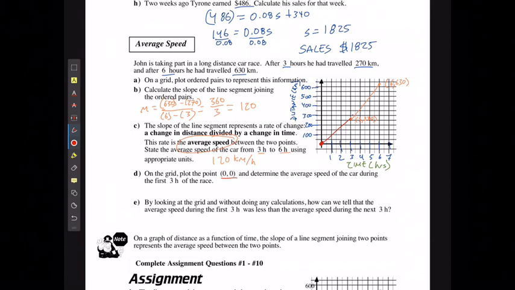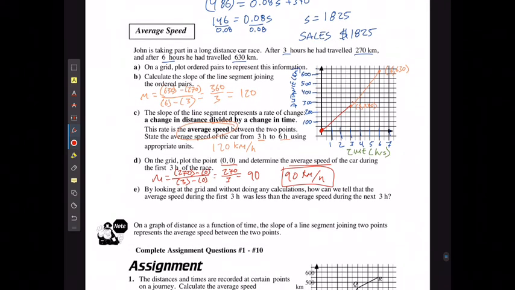The slope for the second step is a little bit steeper, so when I'm solving this, I'm going to say that the slope of the first part is going to be 270 over 3 minus 0 over 0, or 270 over 3, which is going to give me 90. So the average speed of the car during the first 3 hours is going to be 90 kilometers per hour. A little bit slower than the second part.